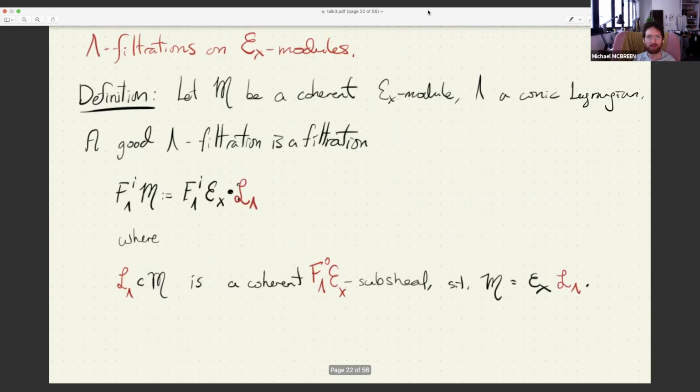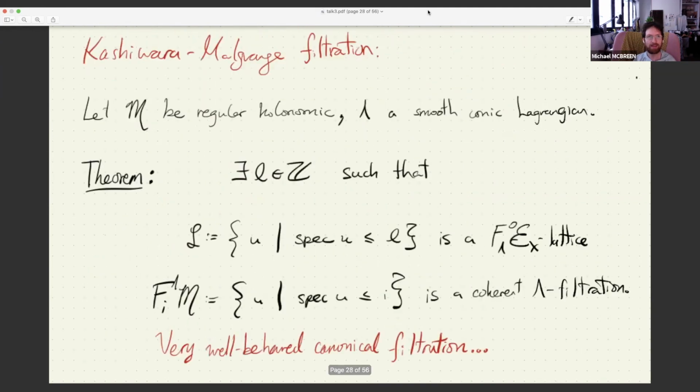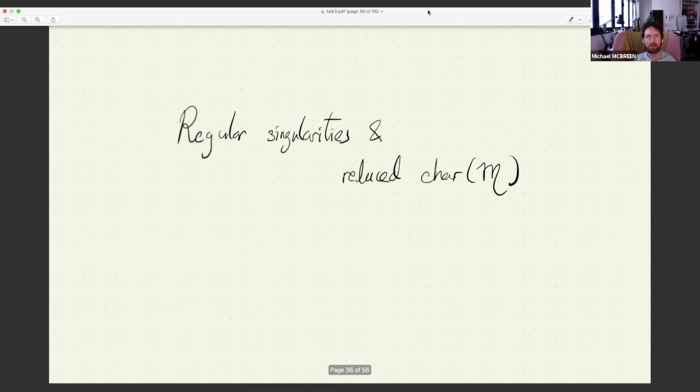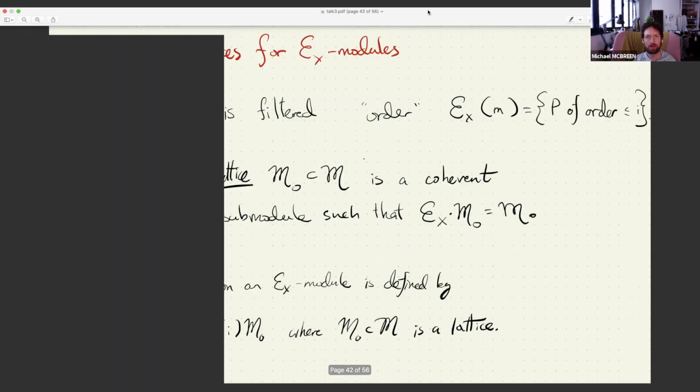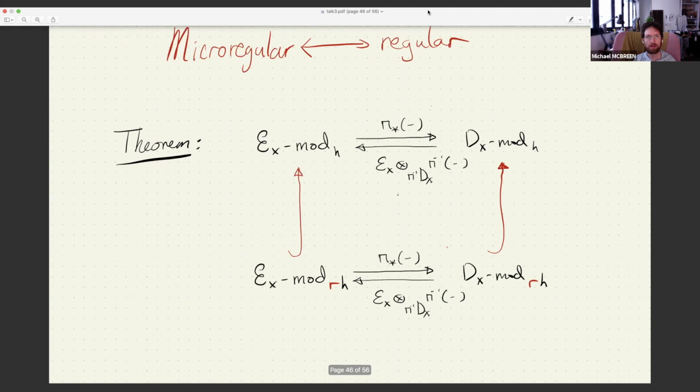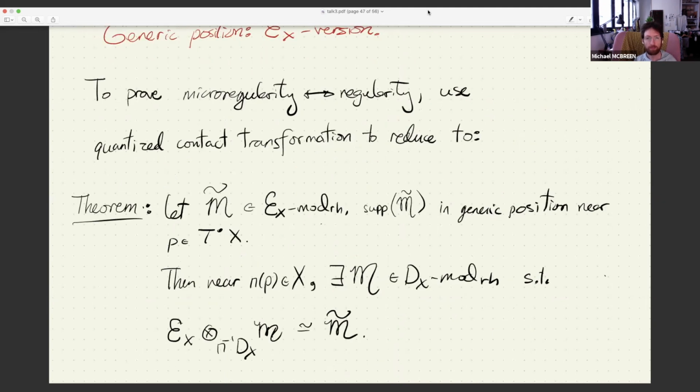So maybe let me go to the relevant slide. Yeah. So you perturb by a quantized contact transformation, and you reduce to a situation where lambda is in generic position over X, which means that the projection of lambda down to the base is C star to 1.